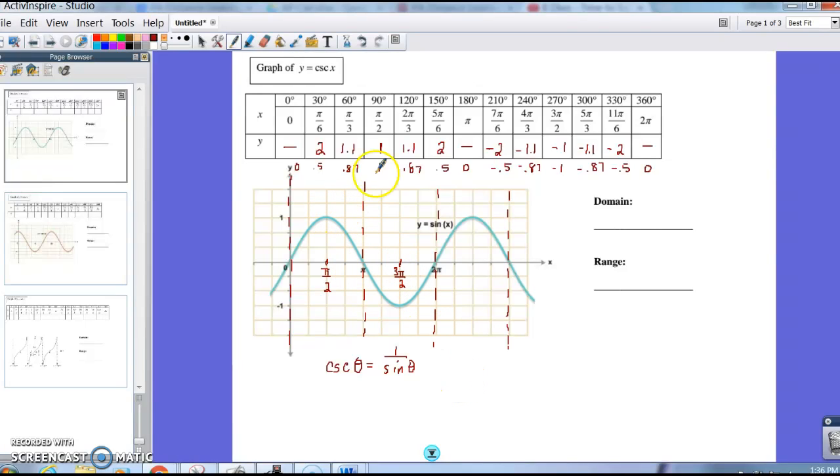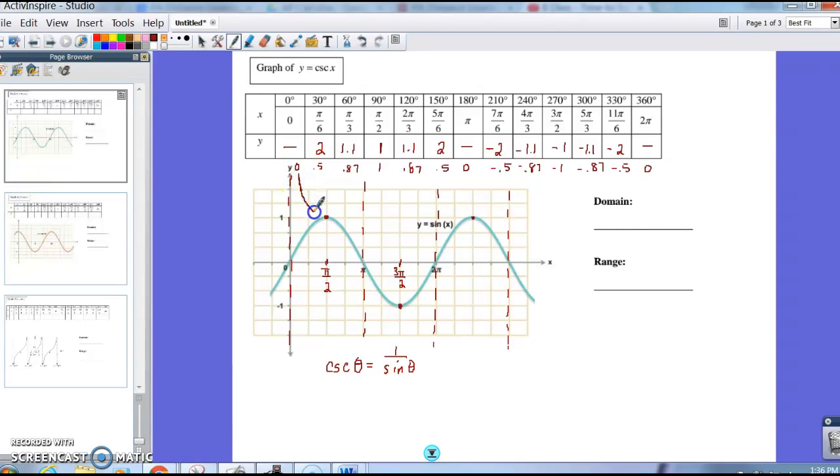So at 90 degrees my cosecant graph is also going to be 1, and at 3 pi over 2, or 270, it is going to be negative 1. I also know that at 30 degrees, I'm going to be somewhere up here at 2.